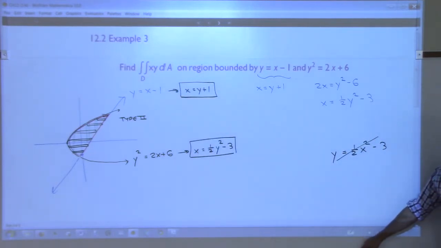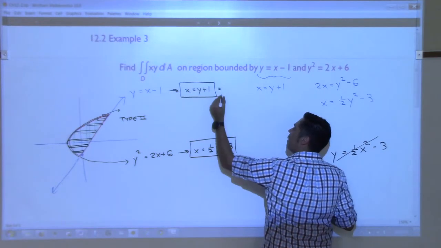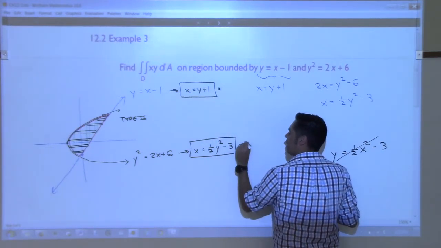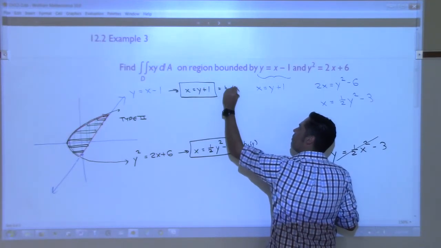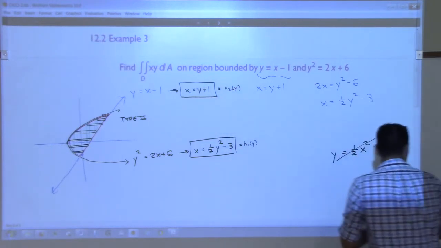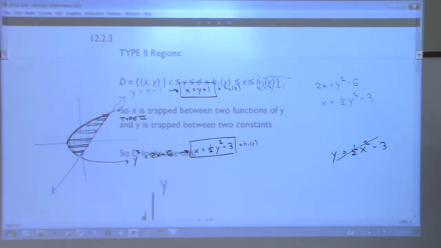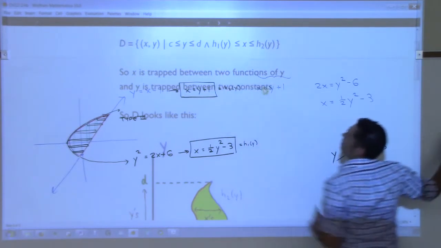Of y. They're functions of y, right? X is a function of y. So if you're looking back at your notes, was it G or H? H, right? This is H1 of y, H2 of y. If you look back at the formula. See that? H1 of y, H2 of y.